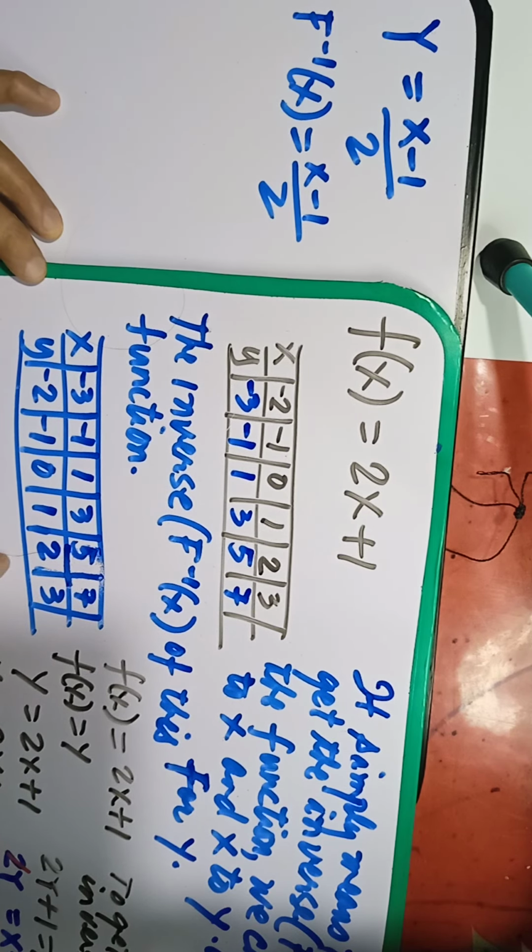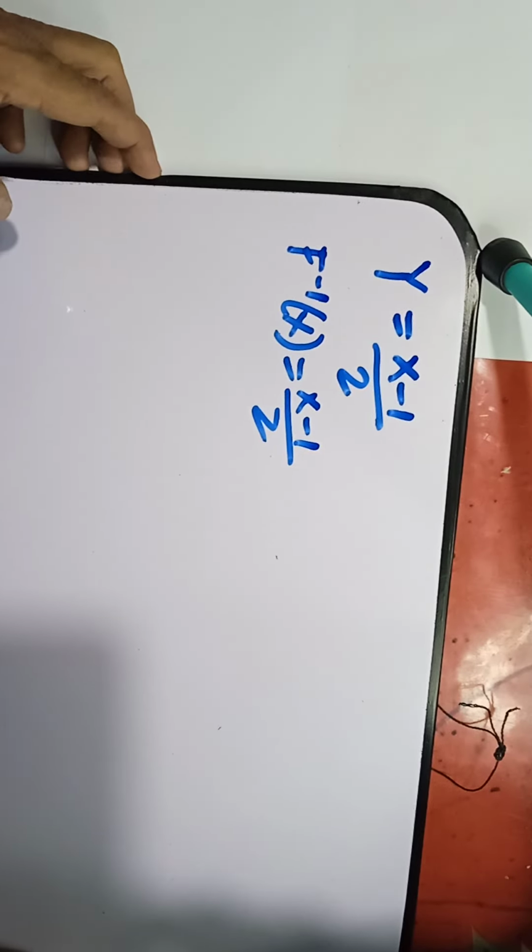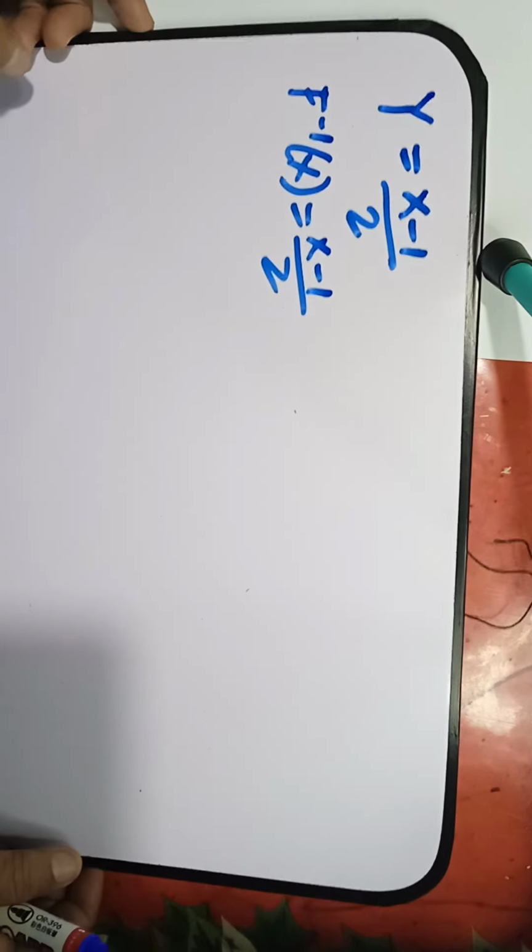And so, this is the table of the inverse of the function, which is also a function. Okay. So, from this, we are now ready to solve or to find the inverse function using another example.